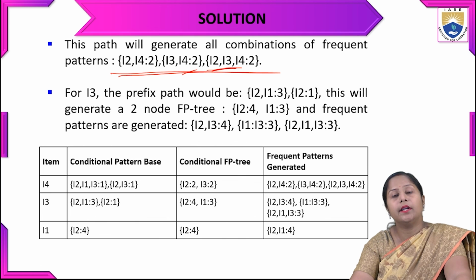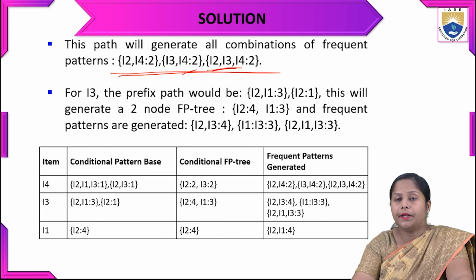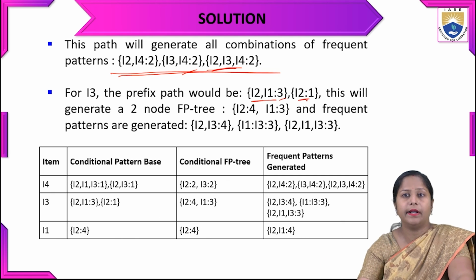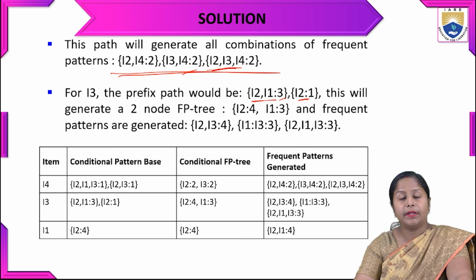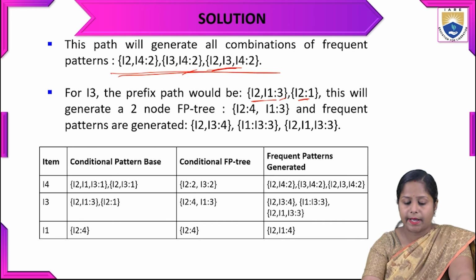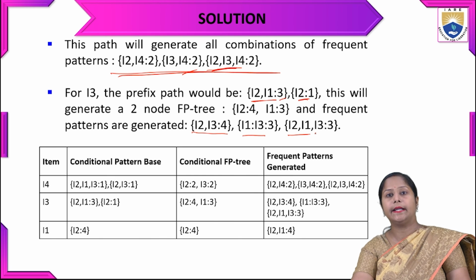So that will generate the 2 node FP tree, because it has I2, I1 for 3 times and I2 separately for 1 time. So those combinations will be there, but the frequent item sets will be I2, I3 4 times, I1, I3 3 times and I2, I1, I3 for 3 times.